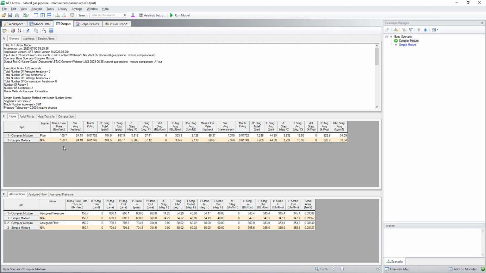For the variables that we're looking at, mass flow rate, velocity, Mach number, stagnation, pressure drop, temperature drop, etc., we can see that the differences are very low. Most of them are within 0.1 difference of each other.